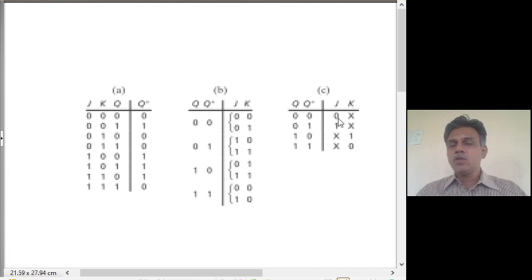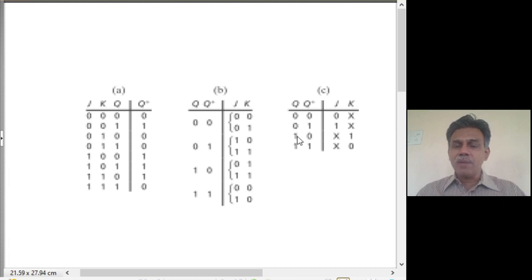So, 0, 0 or 0, 1 is allowed, which means either no change or reset condition, which means j has to be 0, where k can be anything. Similarly, if you look at 0, 1, how can it occur? We can either go in for set condition or toggle condition, which means either 1, 0 or 1, 1 is allowed. So, j has to be 1, but k can be anything.